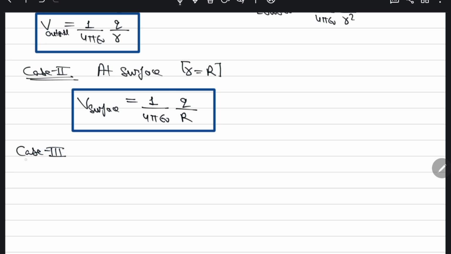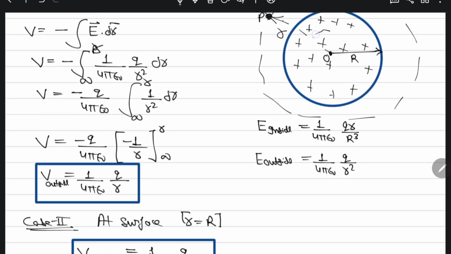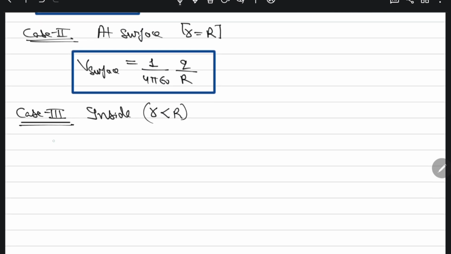Now case third, you can find the electric potential inside, which means small r is less than capital R. So now you have to draw the Gaussian surface again and find the electric potential inside.